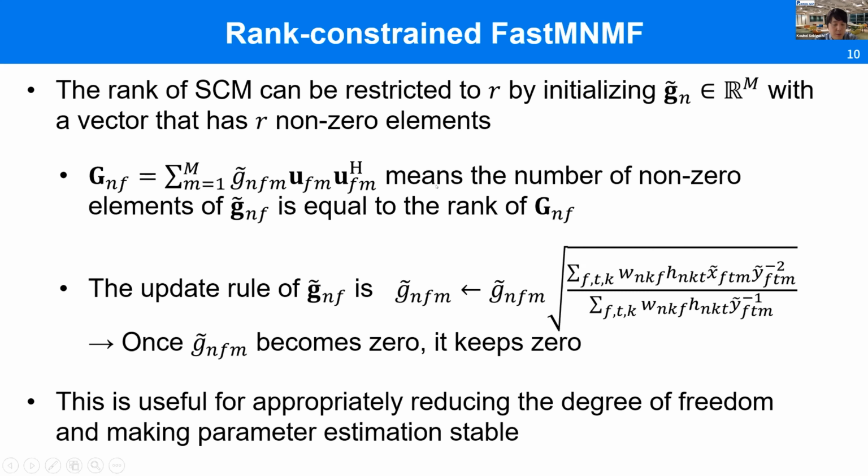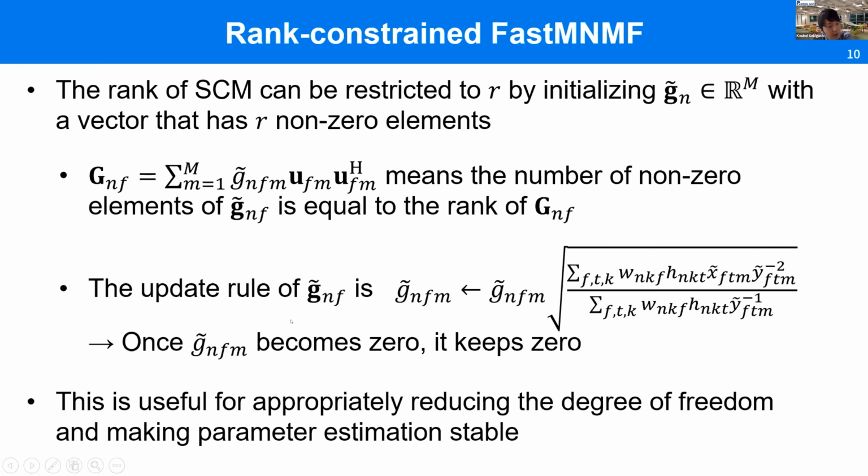This is because, from these expressions, the rank of the SCM depends on the number of non-zero elements of G tilde and F. And because the update rule of G tilde is given by this expression, once G tilde becomes 0, it keeps 0.